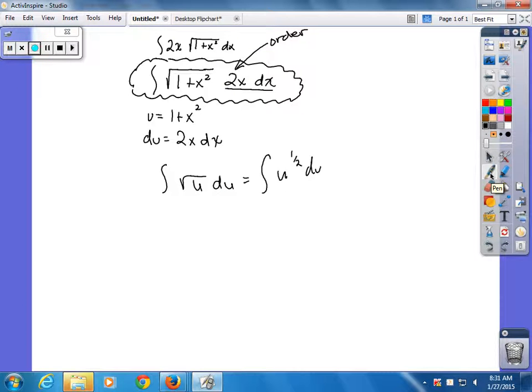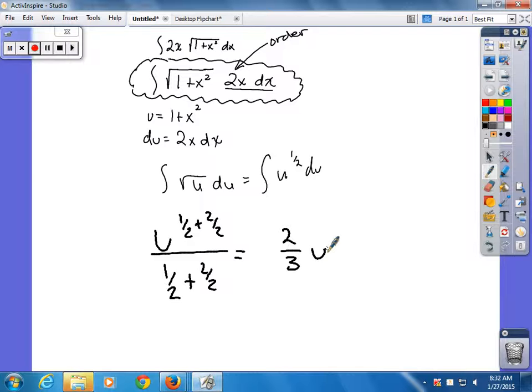That's going to be u to the 1/2 plus 2/2 over 1/2 plus 2/2, which is equal to, take that 3/2 right here, break it up, it'd be what, 2/3? 2/3 times u to the what? 3/2?